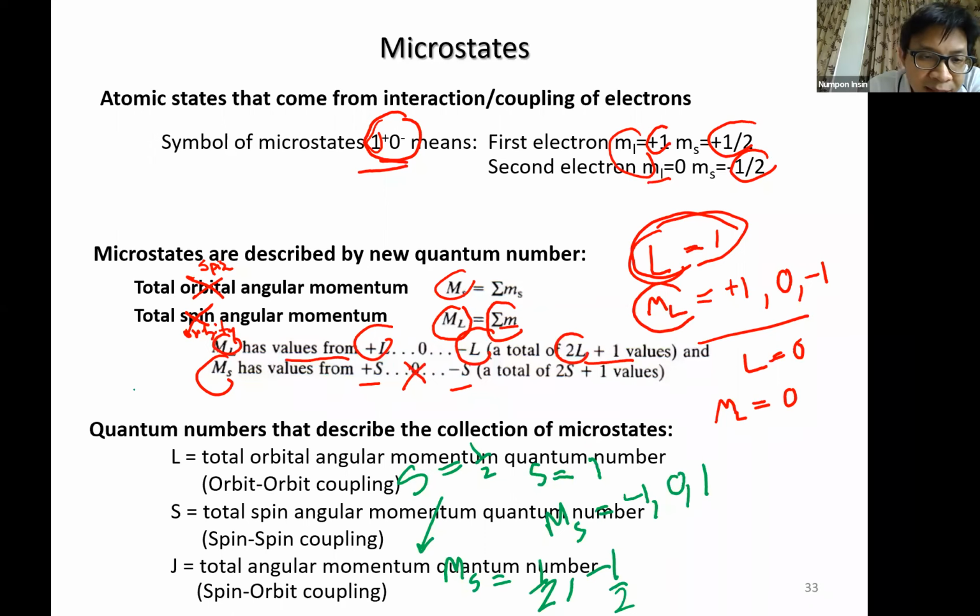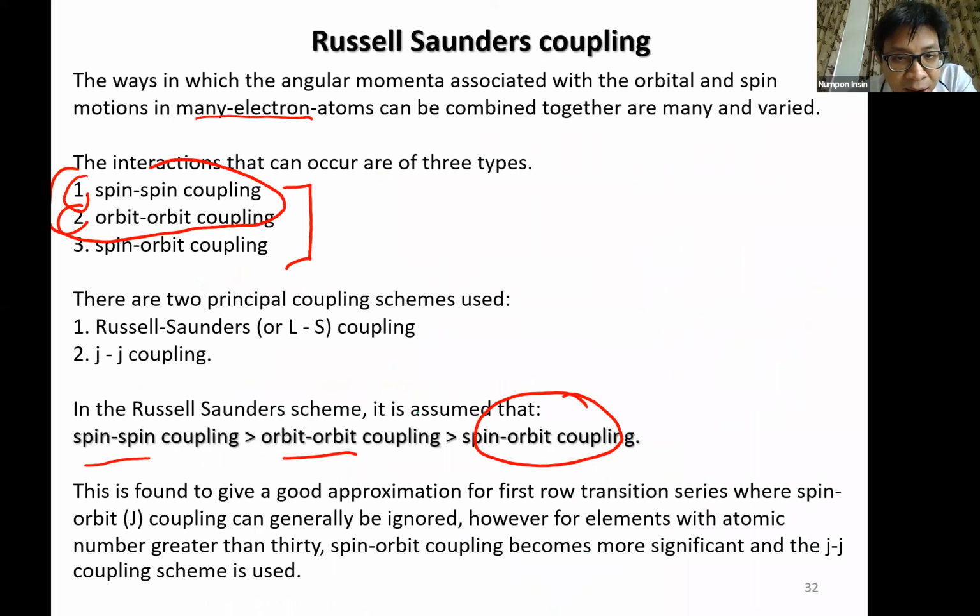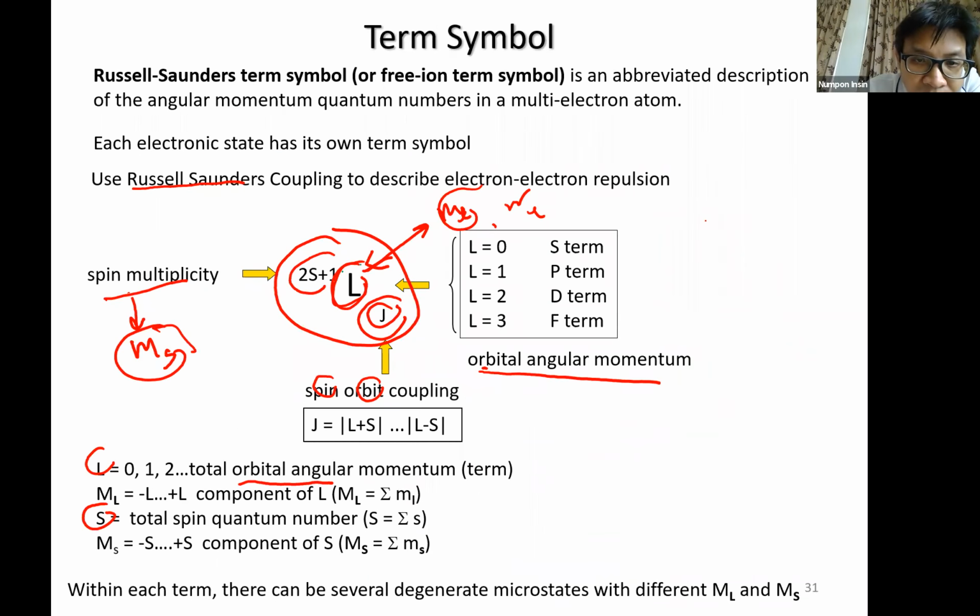Or if you have S equal to 3/2, then the MS has to range from 3/2, 1/2, minus half, and minus 3/2. Okay, so this is how to get L and how to get S.